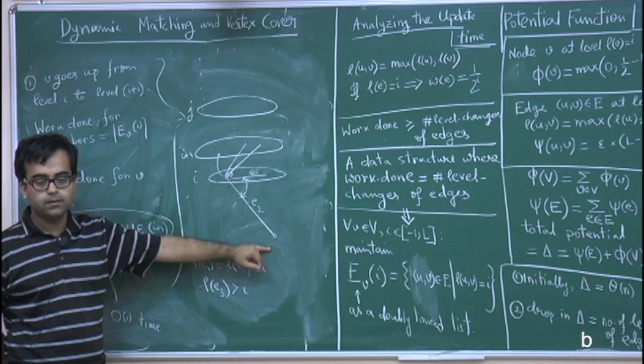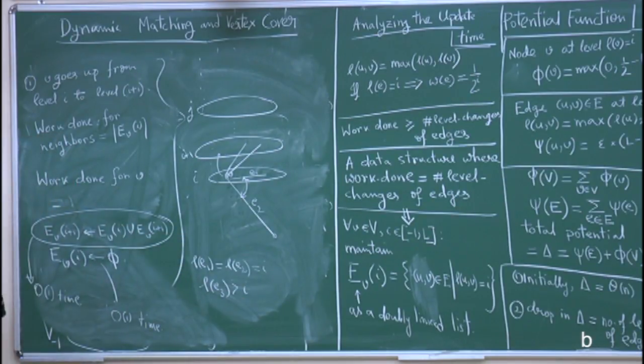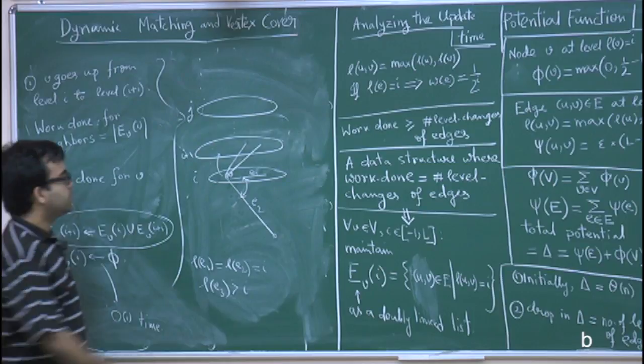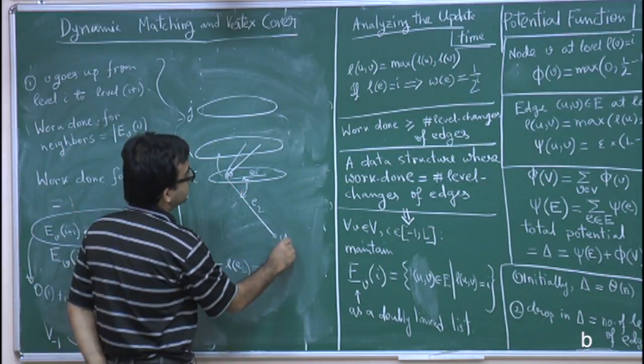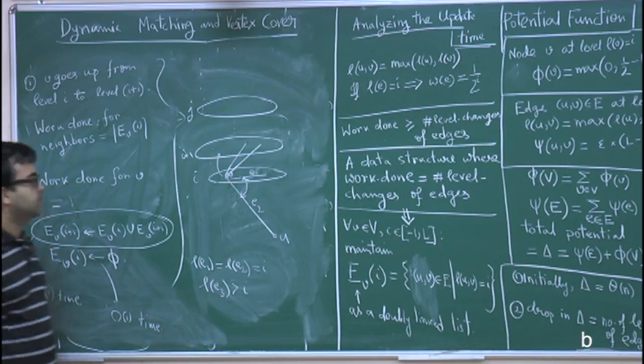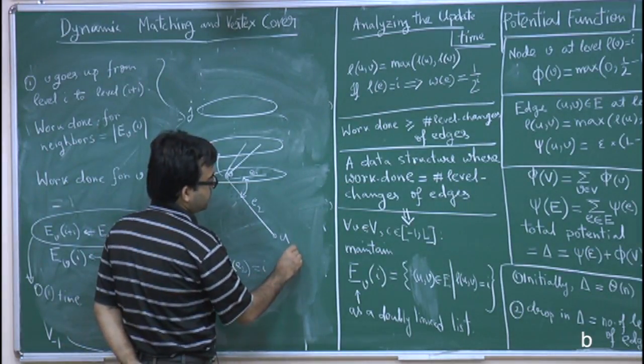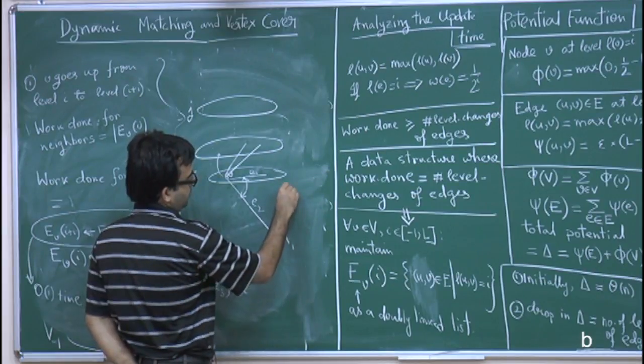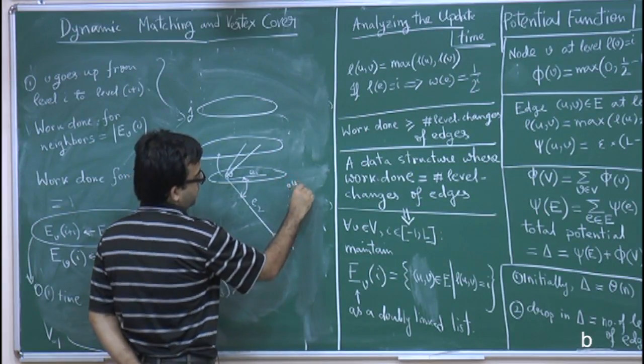So, suppose this is V, and suppose this is U. Suppose it had U1, U2 up to UL neighbors, so EV of I equals the edges (UI, V). Okay, so this is U1 and it has UL neighbors, fine.